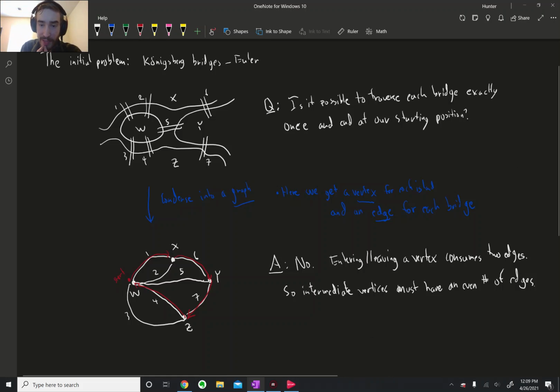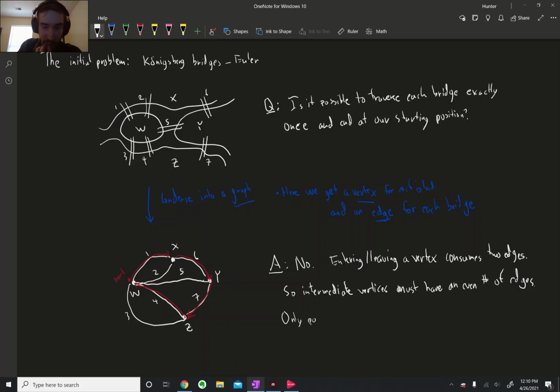So this fact that all of the intermediate vertices have to have an even number of edges, so that we can use them up in pairs as we enter and leave them, means that in order for Euler's problem to have a solution, for us to be able to start somewhere, use every bridge exactly once, and end up where we started again, every island except for the one we start on has to have an even number of bridges.